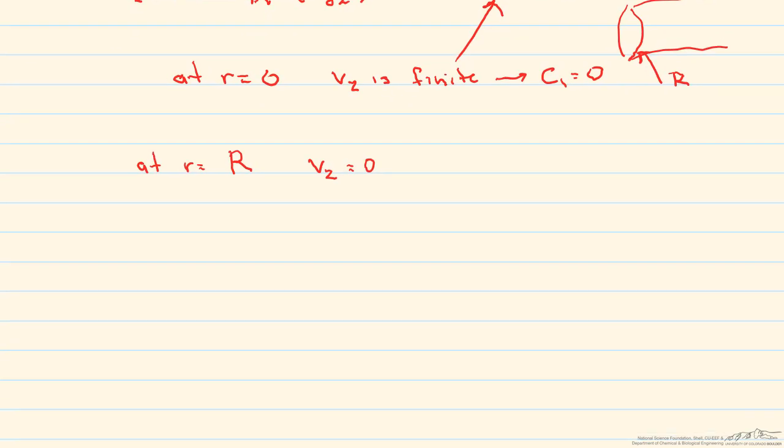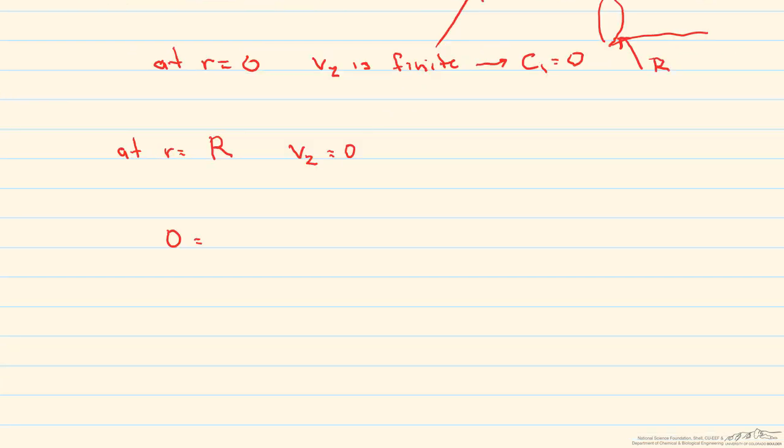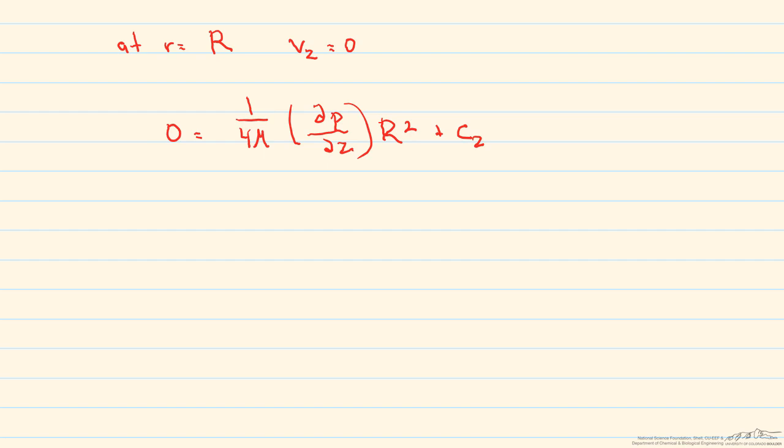So now what we're left with is 0 is equal to 1 over 4 mu dp/dz times big R squared plus c2. And we can easily solve for c2.